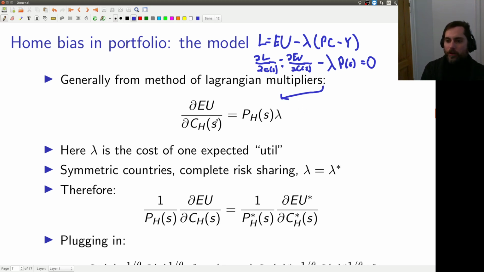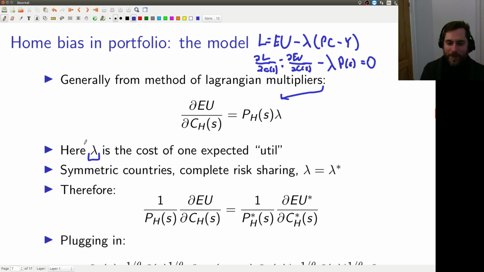Notice this is EU, an expectation, so it's an integral over all the possible states, whereas this C_S here is sort of like a realized state. So if we change our consumption in one state, how's that going to affect expected utility? Lambda here is, sometimes these are called shadow prices, the cost of one expected util or unit of utility. Yeah, so that's all we'll say.